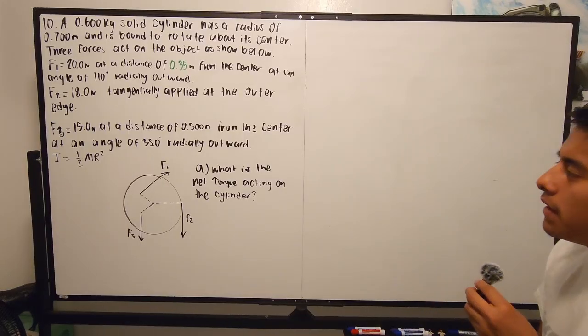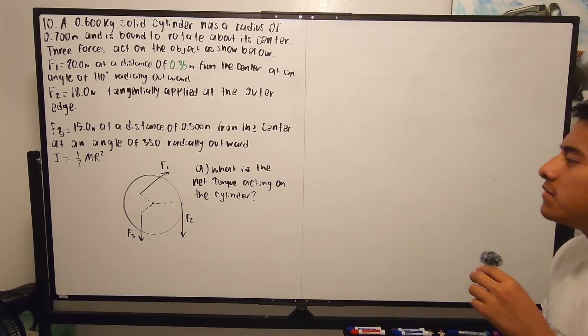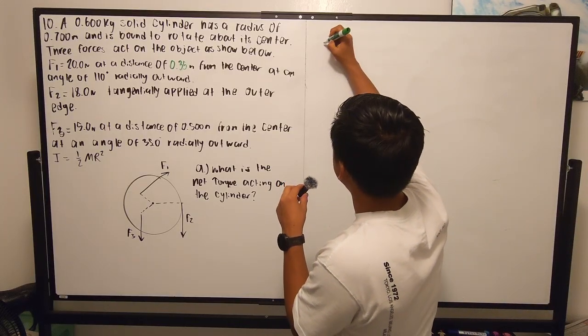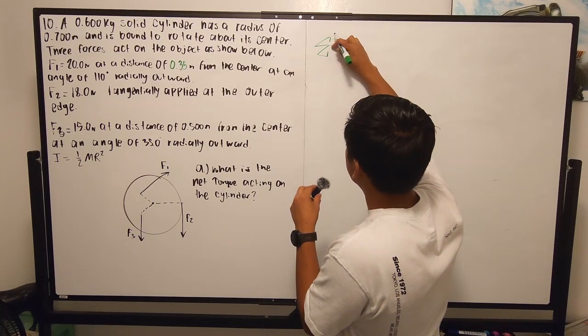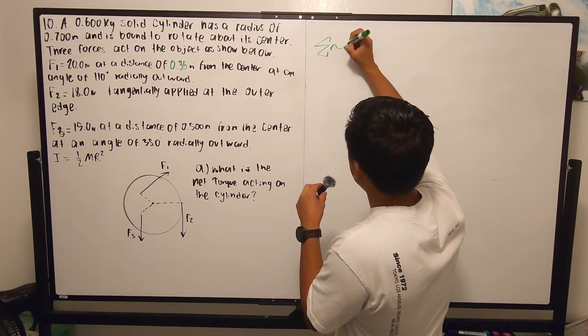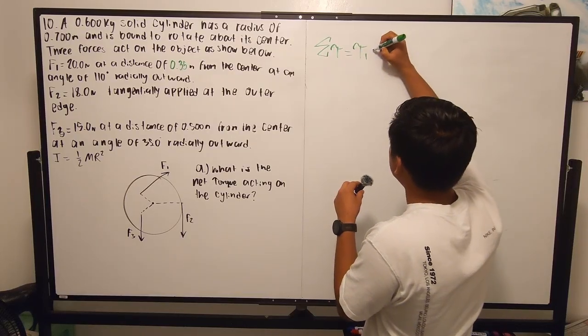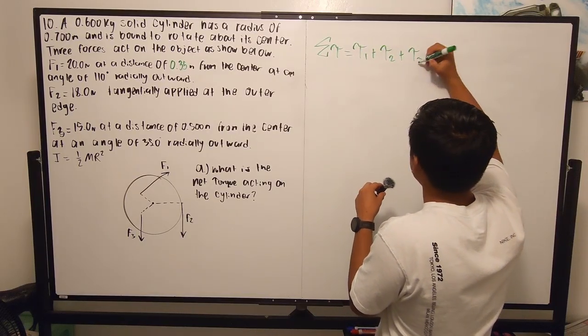So like with the net force, the net torque is very similar. The first thing that I'm going to do is write that the sum of all my torques, which is also the net torque, is equal to all the torques that I have acting. So I have torque 1 plus torque 2 plus torque 3.